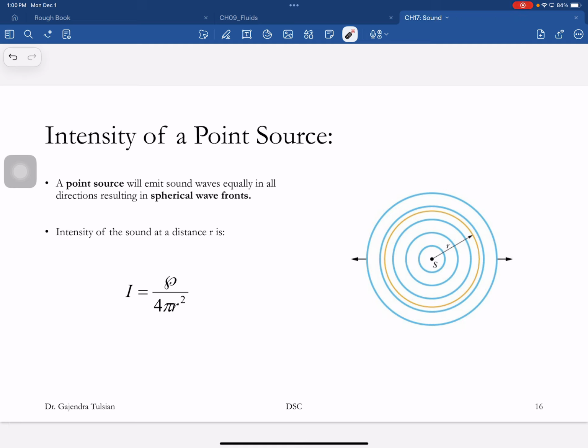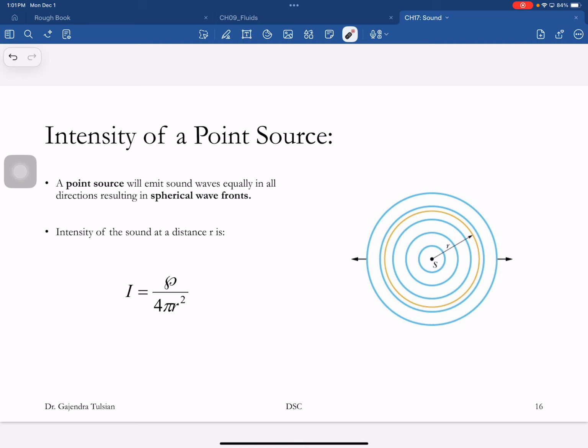So if you have a point source, a little birdie singing, or a small speaker that's omnidirectional. What does omnidirectional mean? It's emitting intensity equally in all directions. Do you know any source that is omnidirectional? The sun is omnidirectional.